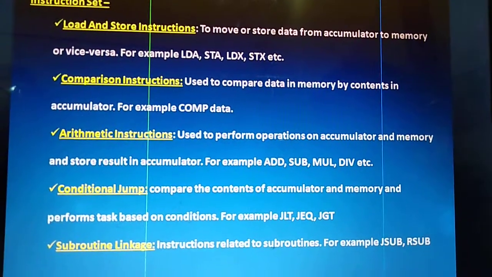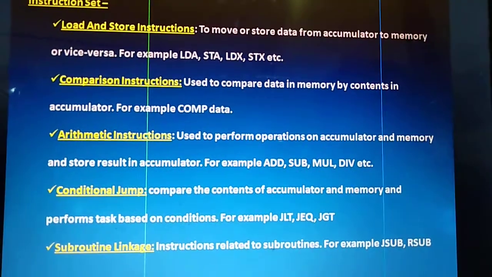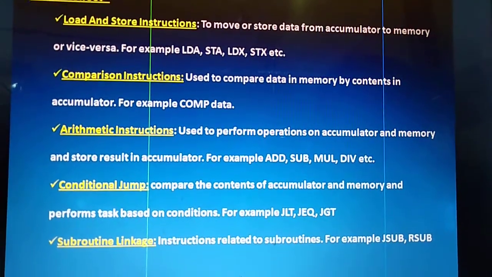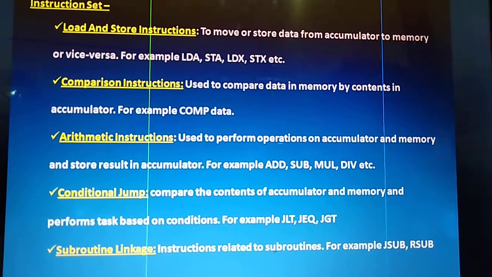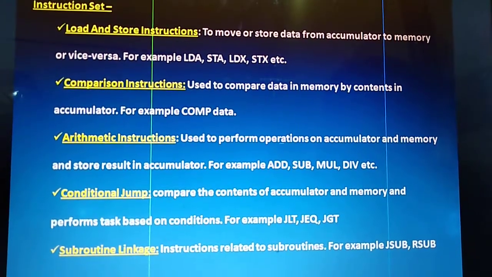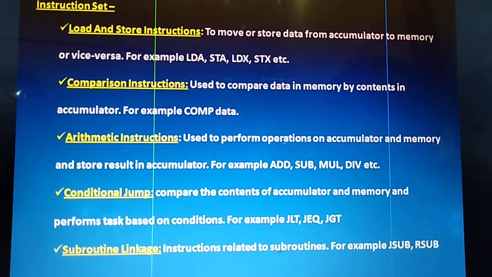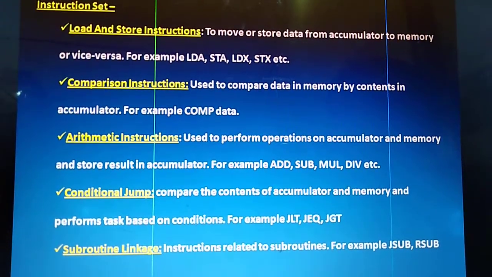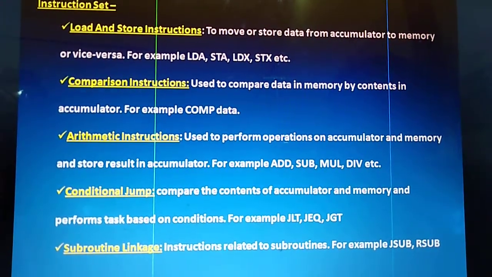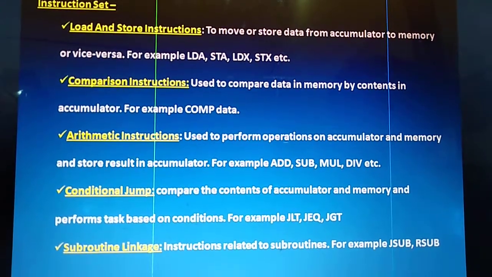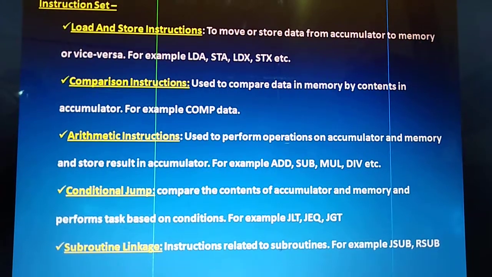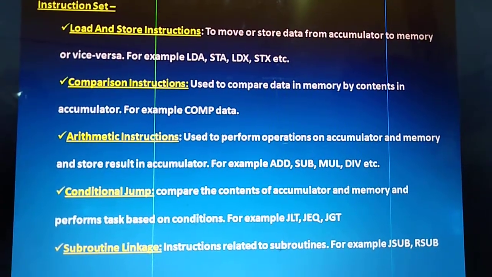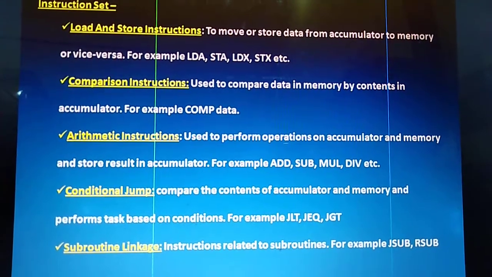Comparison instructions are generally used to compare the data in memory with the contents of the accumulator. For example, COMP, compare data. Arithmetic instructions are used to perform operations on the accumulator and memory and store the result in the accumulator. For example, ADD, SUB, MUL, DIV: addition, subtraction, multiplication, division.